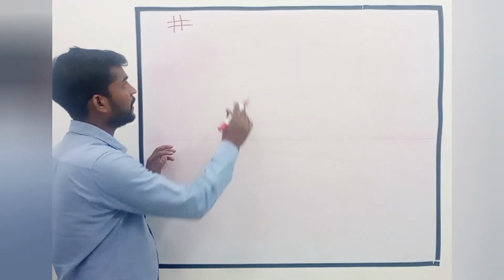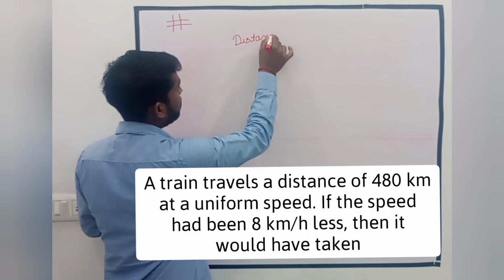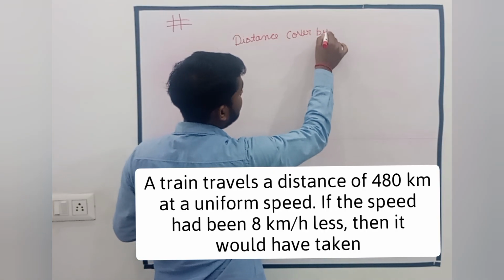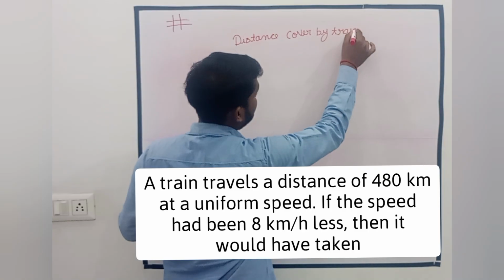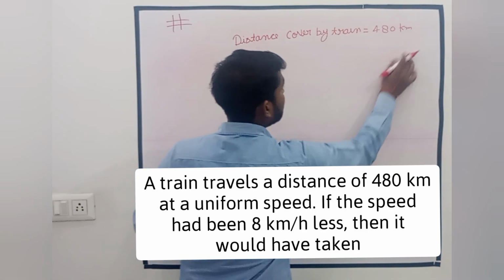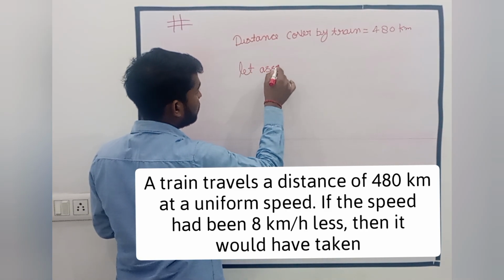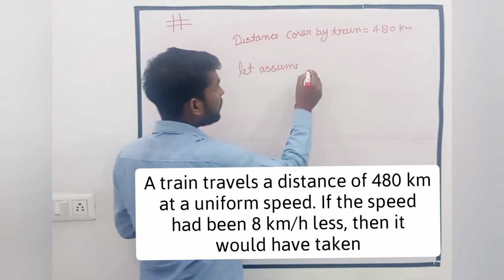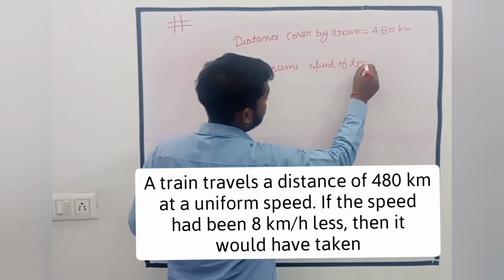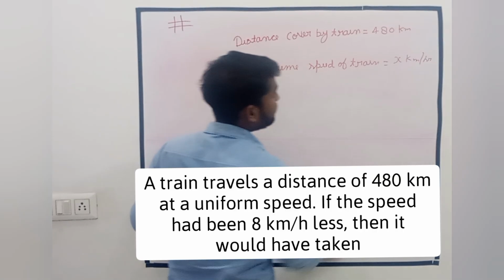In the next question, the distance covered by the train is 480 kilometers, and let's assume the speed of the train is x kilometers per hour.